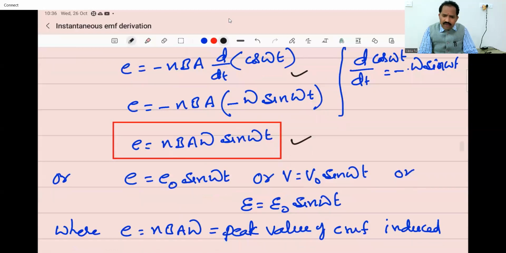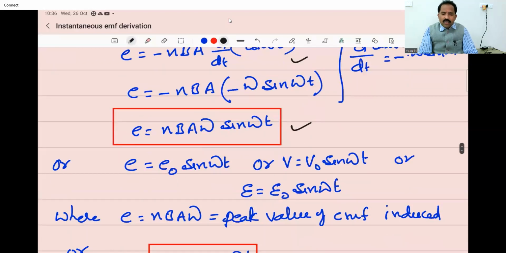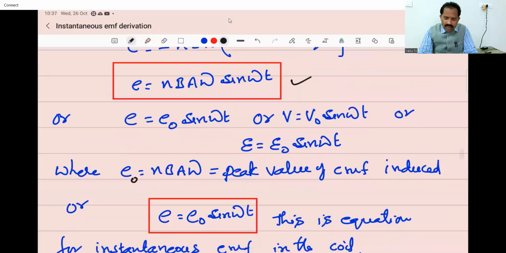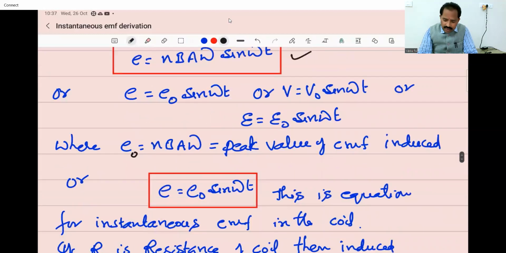Here E naught is nothing but NBA omega, and that is called peak value of EMF induced, the maximum value of EMF induced. So E is equal to E naught sin omega t represents the instantaneous EMF in the coil at any instant of time.